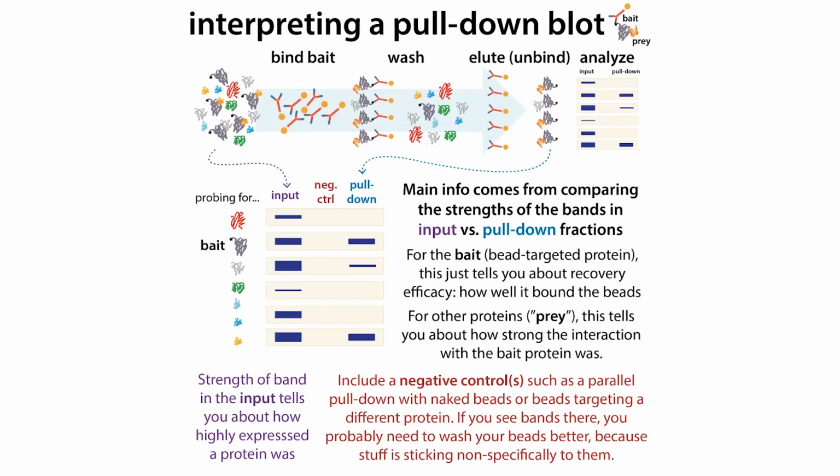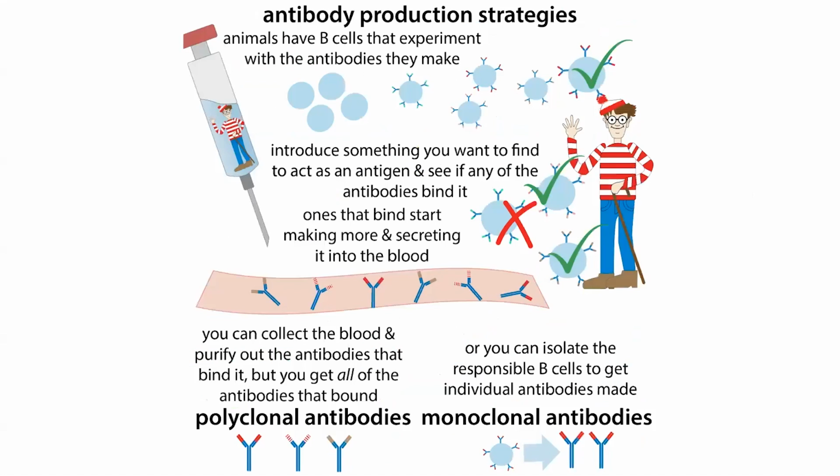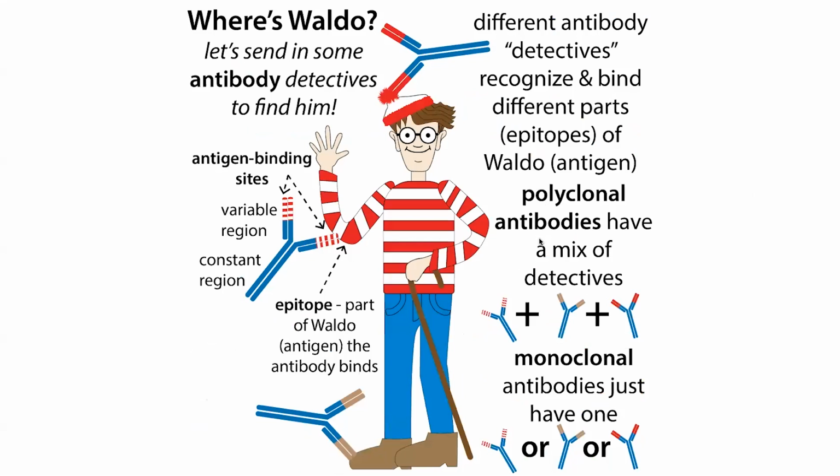rather than using whatever is commercially bound already, you can often get better luck with a polyclonal antibody. When we talk about antibodies, a monoclonal antibody only recognizes a single epitope, while a polyclonal antibody is a mix of antibodies that recognize different epitopes.